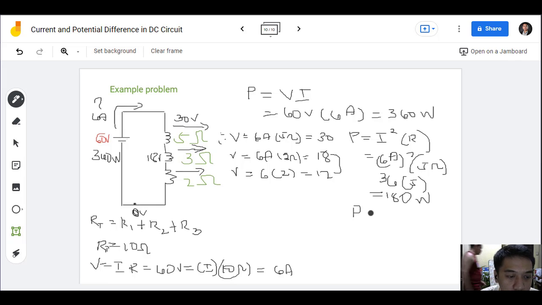Yung second, so let us use P equals V times I. Our voltage natin ay 18 times the current is 6.